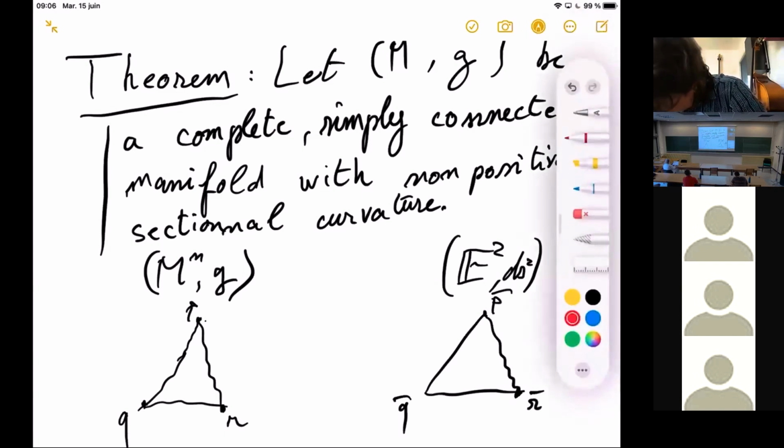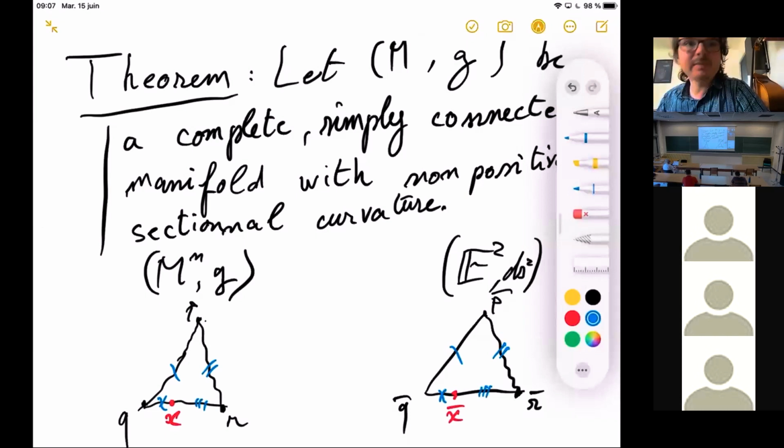Then you pick one point, let's say X, on the side, and one point X bar, which is in the same position. So maybe let's put markings on the side. So this would be the same length as this. This would be the same length as this. And this should be the same length.